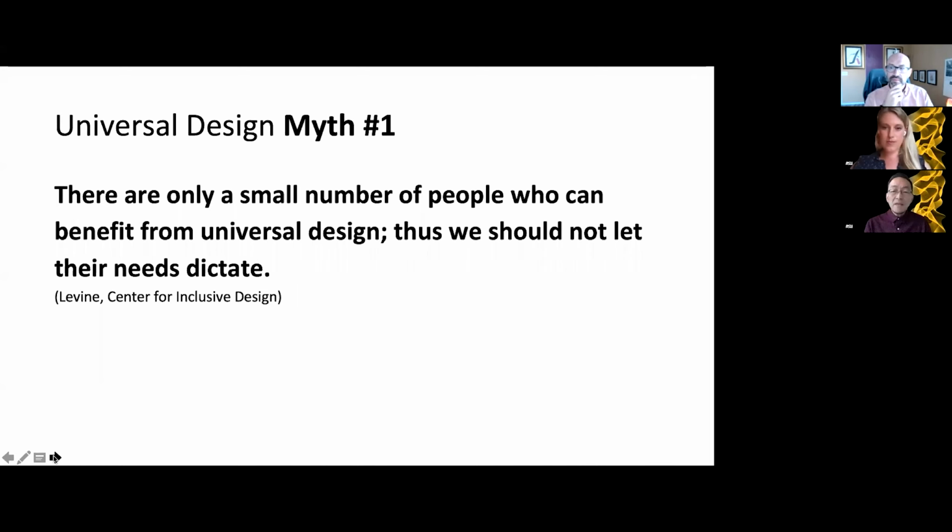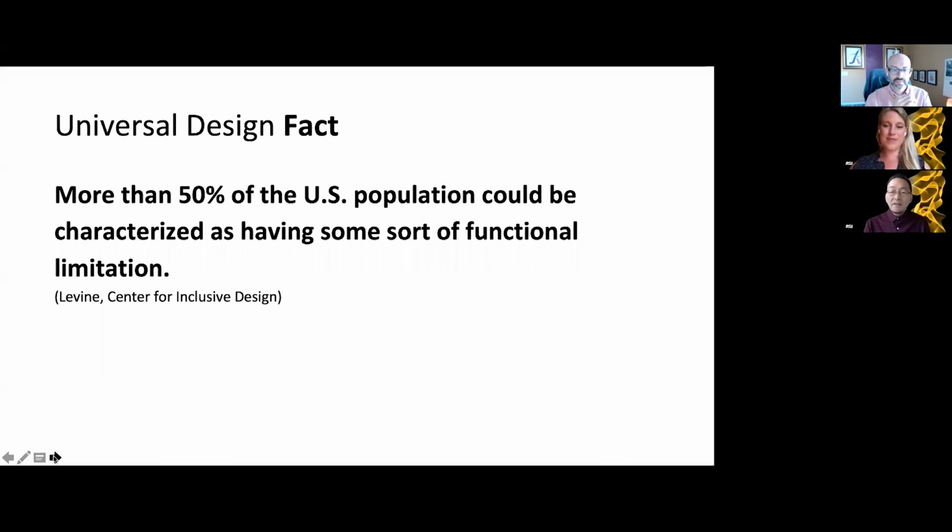There are many myths about universal design, and I want to cover two of the major ones. The first myth is there are only a small number of people who can benefit from universal design, thus we should not let their needs dictate. Well, the fact is that here in the US, 50% of the population, we have about 328 million here in the US, so half of that, 164 million people, could be characterized as having some sort of functional limitation.